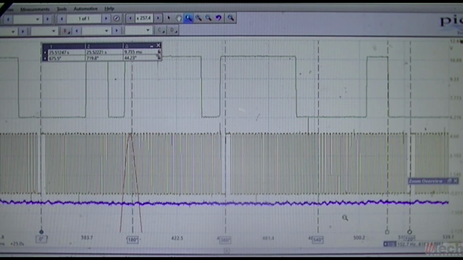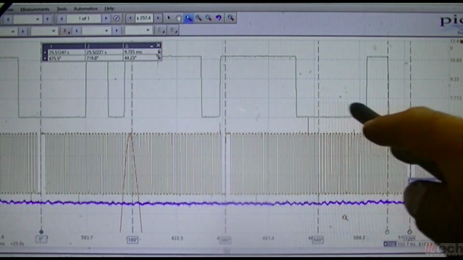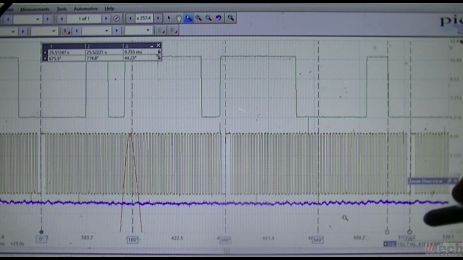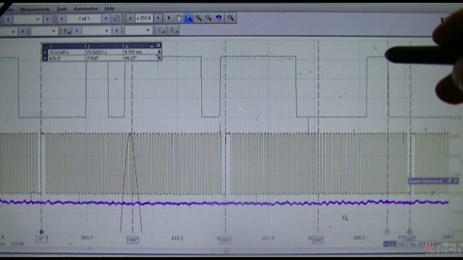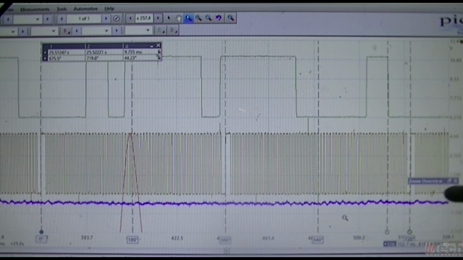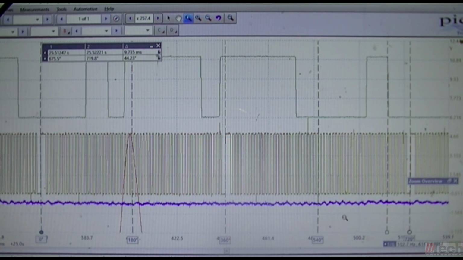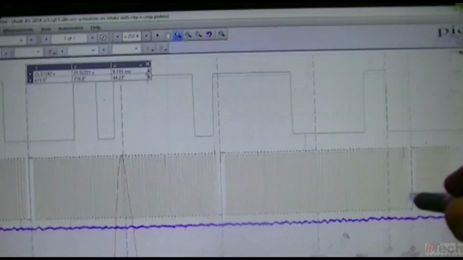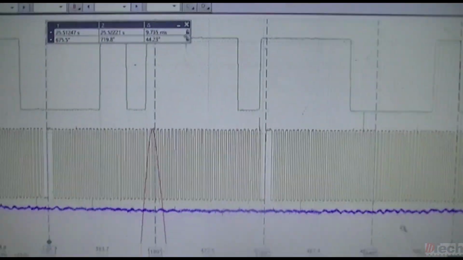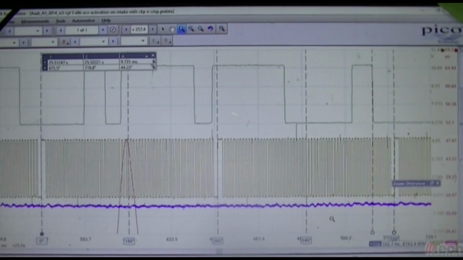The point of reference that I'll be using off of the cam signal is this last small tooth before the 720 mark, and this edge where it goes down in voltage, and in between that we'll take a degree measurement, which I've got the cursors there already, and I'll take the same measurement on both banks to get a good comparison. So for this one, at stable idle, we're at 44 with no activation.